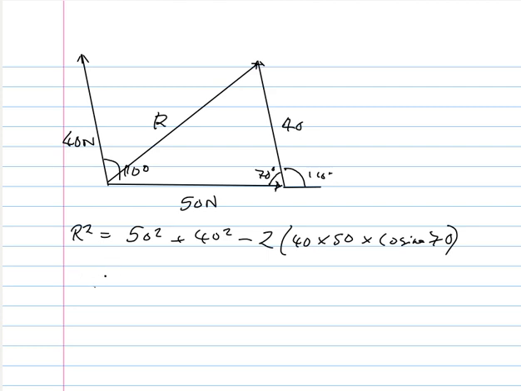Okay, so that is equal to 2500 plus 1600 minus 2 times 2000 times the cosine of 70.